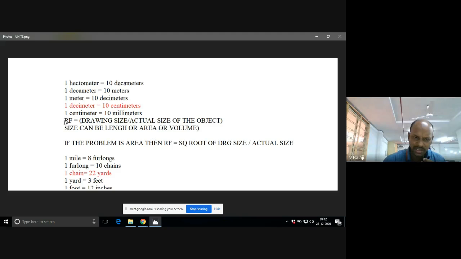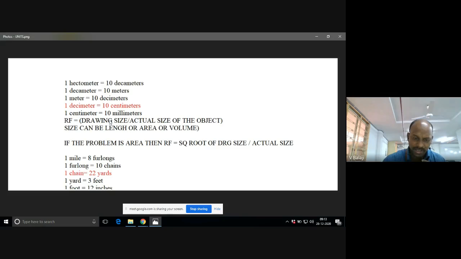Why have we taken this RF? With the help of this RF factor, this ratio, we are reducing the size of the object. Instead of 1 kilometer, we are drawing a 10 centimeter line on the drawing sheet.